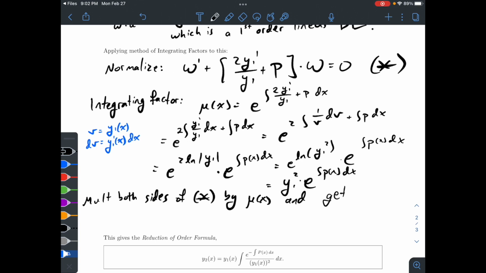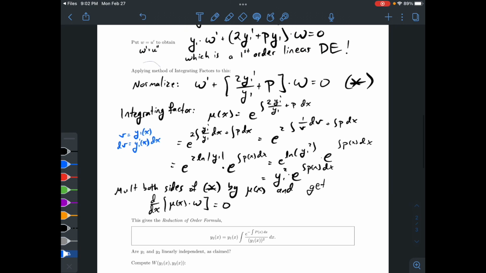But normally I would recommend writing out all your steps and checking everything, just to make sure you don't have any errors. But you should end up getting on the left side the derivative of your mu of x times w, and the right side you just get 0 because 0 times mu.